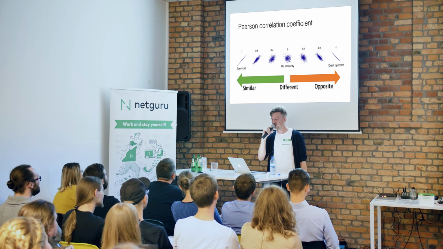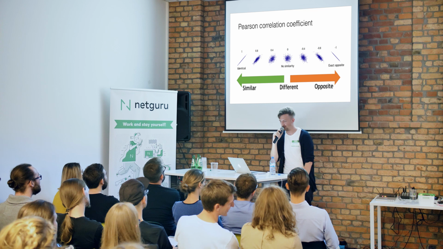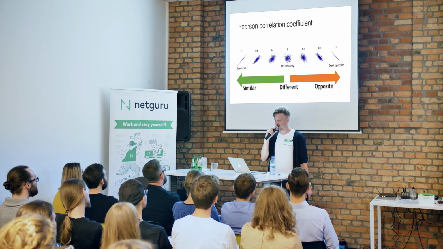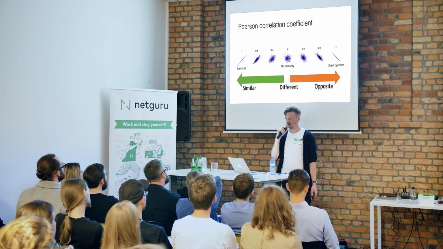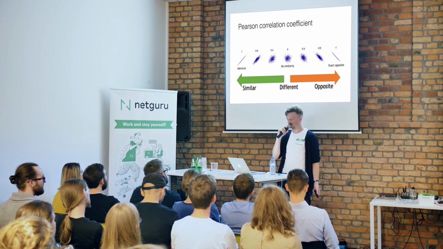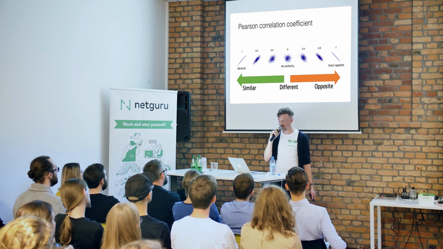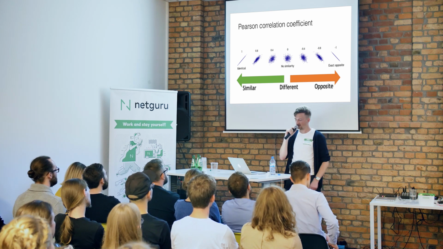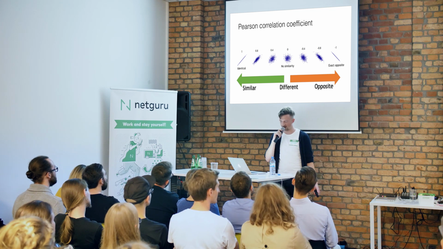I mentioned those clouds of data, and actually those blue blobs look a little more like clouds now. In the middle we have a round cloud, which tells us basically that there's no similarity between the taste of those two people. Then when you go to the left, the number grows, and as you can see, the points start to fit more and more to the line.